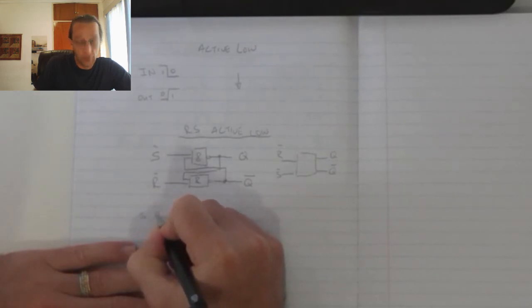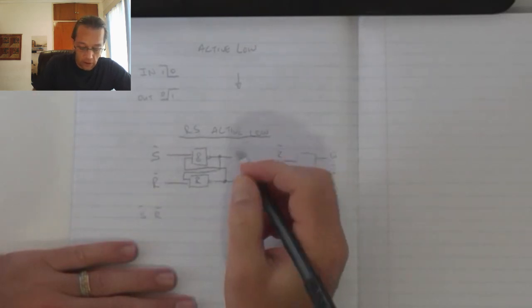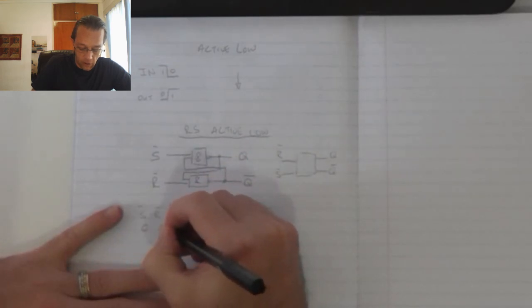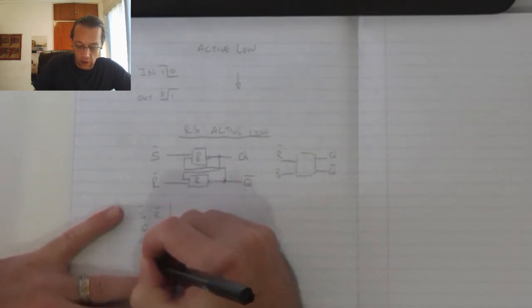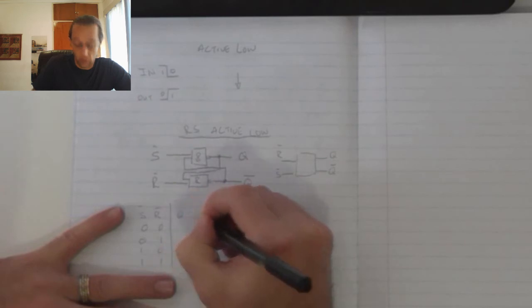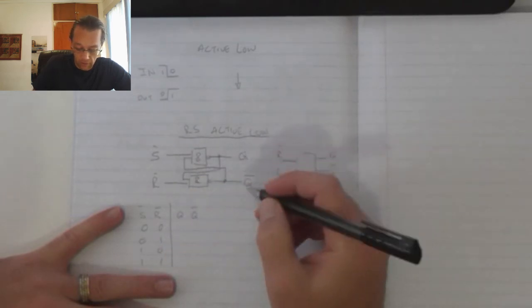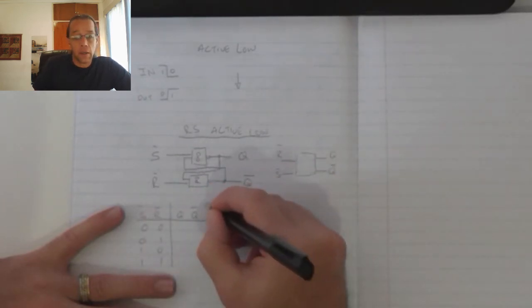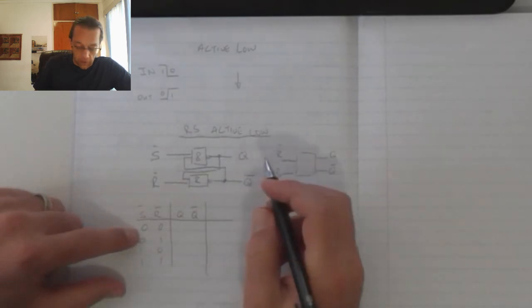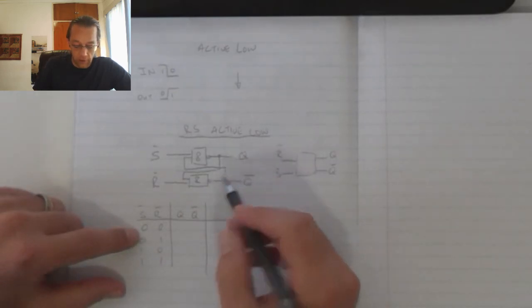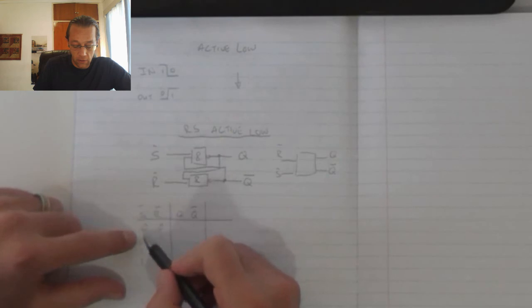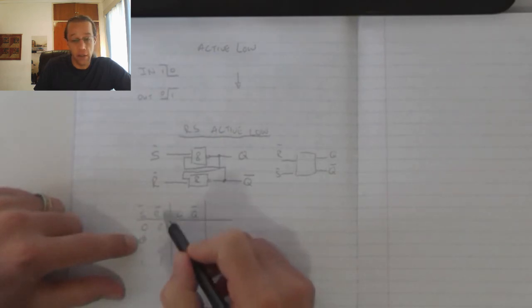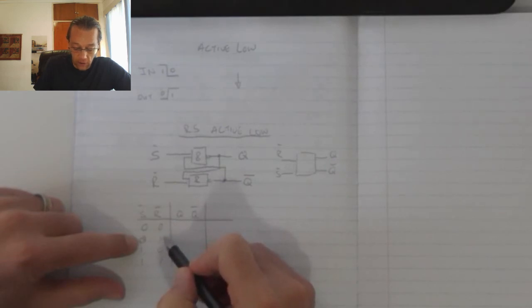We've got set and reset, both NOTed, 0 0, 0 1, 1 0, 1 1, and we've got Q and we've got NOT Q. Remember these two are NOTed, so if I apply a 0, it sees it as a 1, and if I apply a 1, it sees it as a 0.